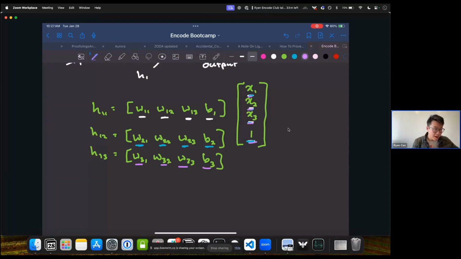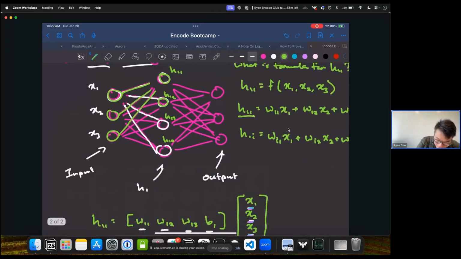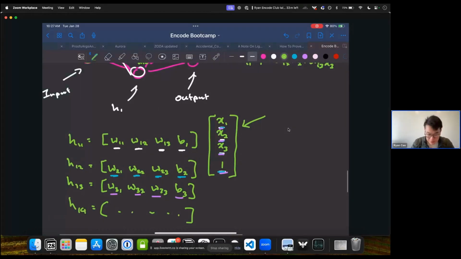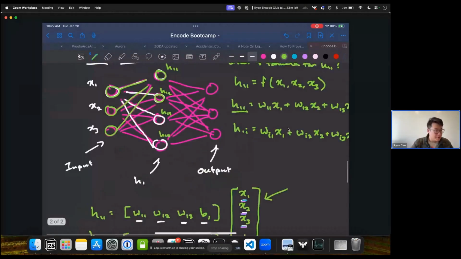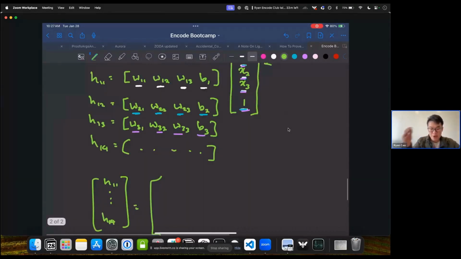Well, this gives us exactly what Noah was talking about. Oh, actually there's an h14, sorry. You get the point. It's the same thing, dot, dot, dot, times this vector. If we think about all the h's as also a vector, then this entire operation just becomes a matrix vector product. So in other words, the vector h11 all the way to h14 should just be the weight matrix, which is what Noah was talking about, the collection of all the weights.